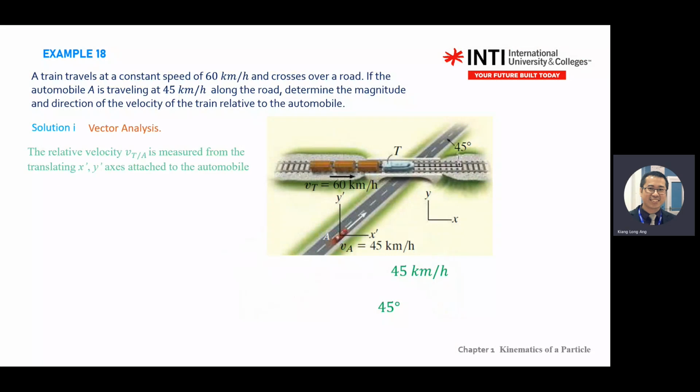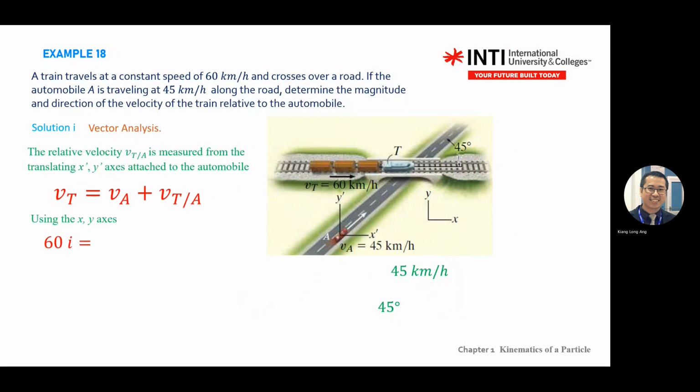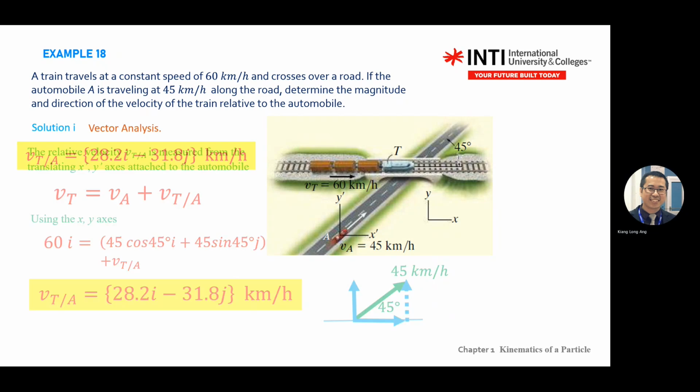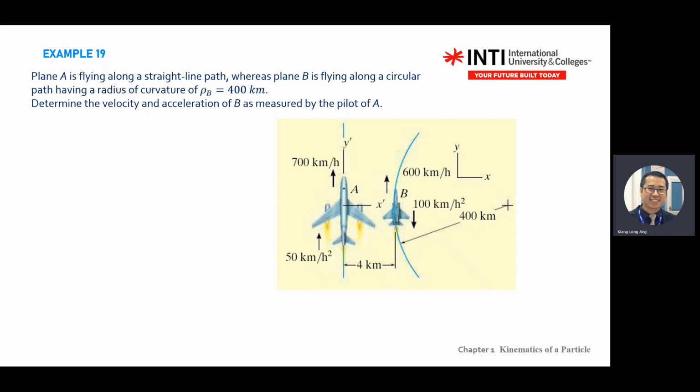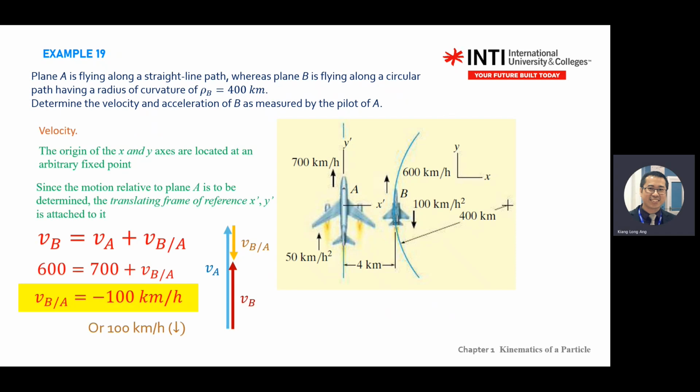Then my start is correct. Then you substitute the value.